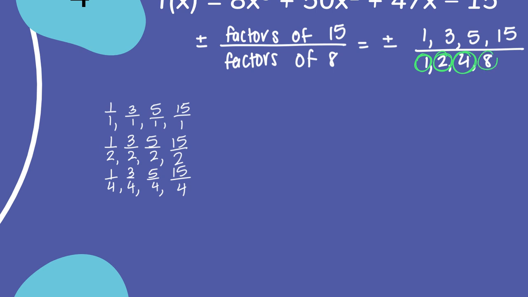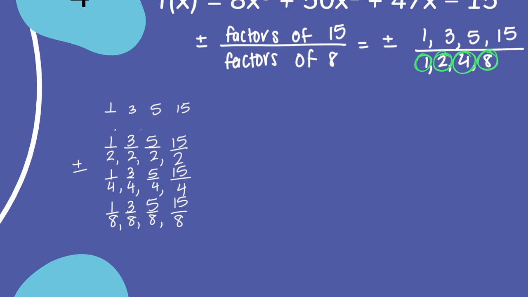And my last one, my 8s: 1 over 8, 3 over 8, 5 over 8, and 15 over 8. Keep in mind, all of these are positive and negative. These are all of my possible answers. Remember, they are possible answers. Do I have to write these over 1 up top? No, I don't. I'm just going to keep these as whole numbers.